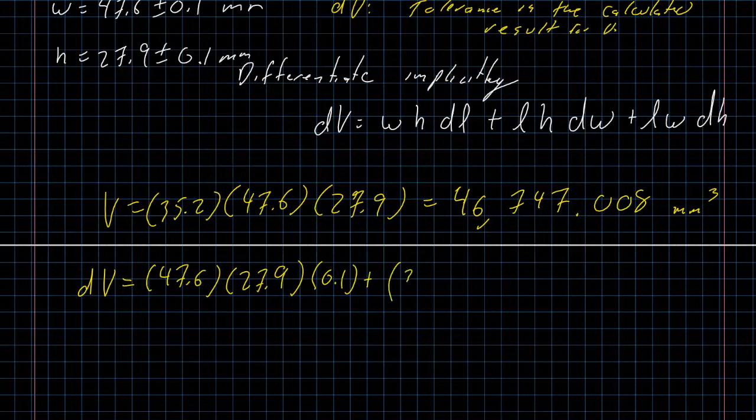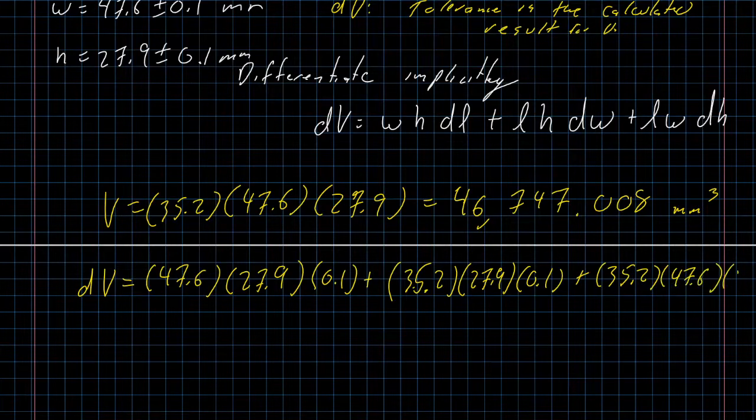And then I'll have 35.2 times 27.9 times 0.1, and I will have 35.2 times 47.6 times 0.1. And I can throw all of that into my calculator as well.